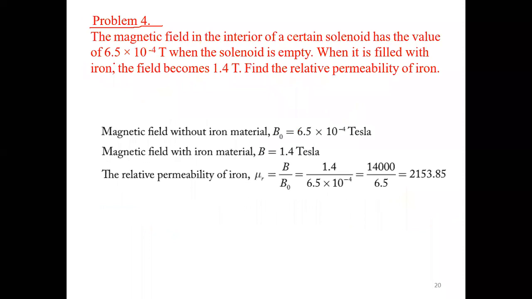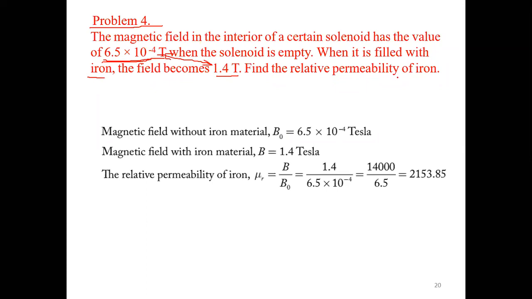The value of the magnetizing field is given as 6.5 × 10⁻⁴ Tesla when the solenoid is empty, there is no core material. When it is filled with iron, a magnetic material, the field becomes 1.4 Tesla. Look how much the field rises. The field becomes stronger in this case.